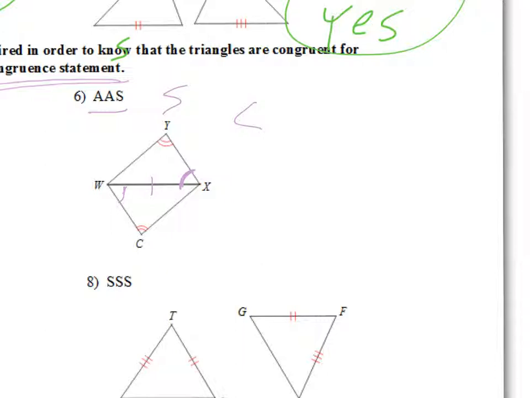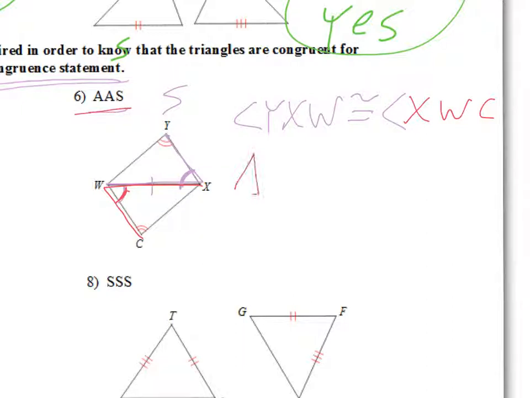So we have to name this as YXW. So YXW is congruent to angle, and the other angle we're talking about is this one, has to be XWC. Okay, so those 2 angles have to be congruent to prove they're congruent with AAS.